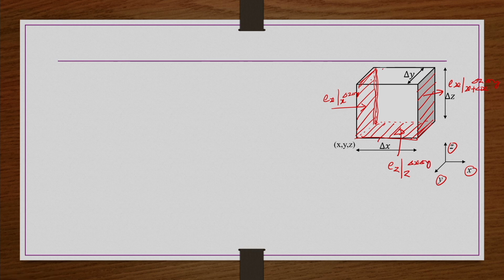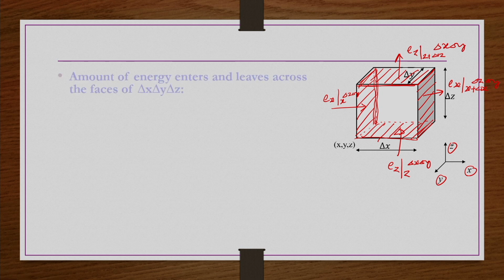And the energy leaving at location z plus delta z is E z at z plus delta z multiplied by the area of the face through which it is leaving, that is delta x, delta y. Likewise, in the y direction also we can write. That is the amount of energy that enters and leaves across the faces of the delta x, delta y, delta z control volume in all three directions.